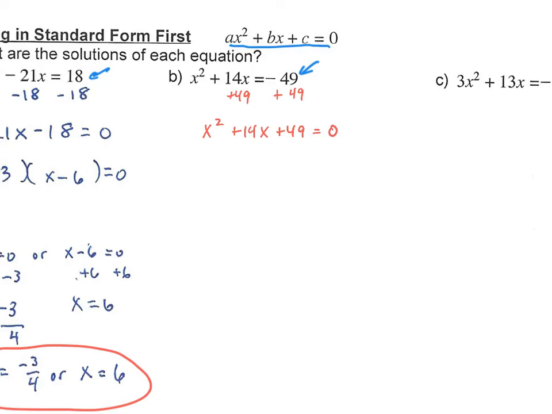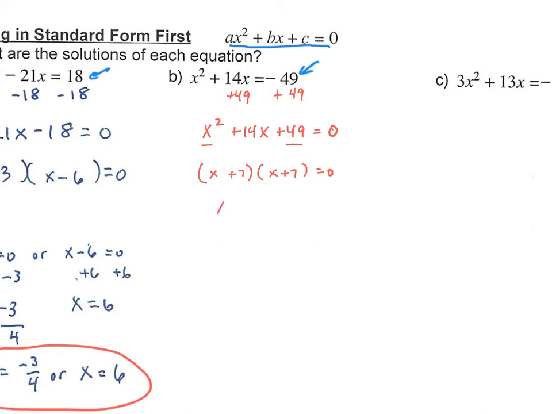A lot of students are going to forget to go to standard form first, but that's why we practice. Hopefully you guys recognize this as a perfect square, and we can factor that to x plus 7 times x plus 7 equals 0.